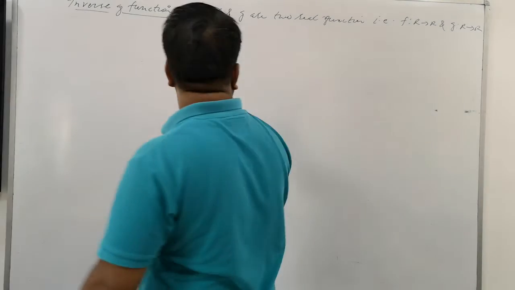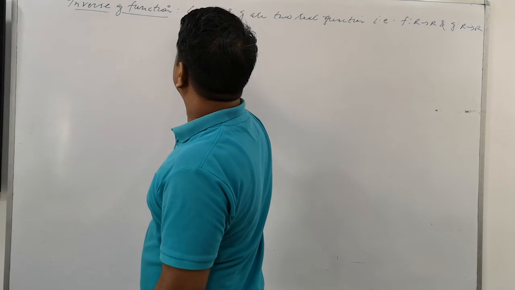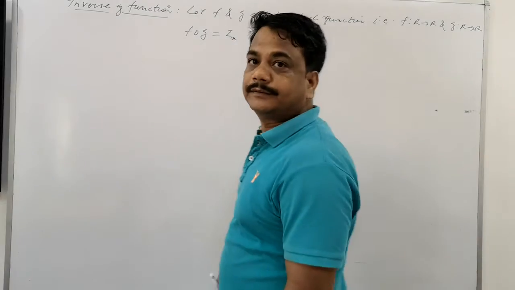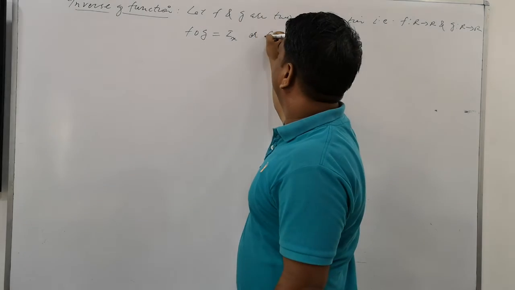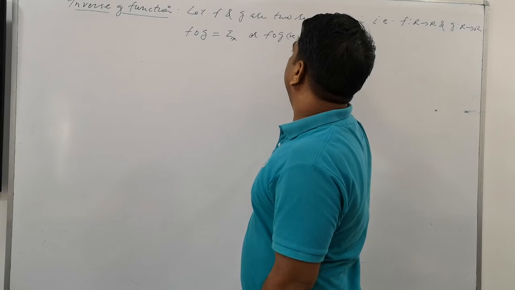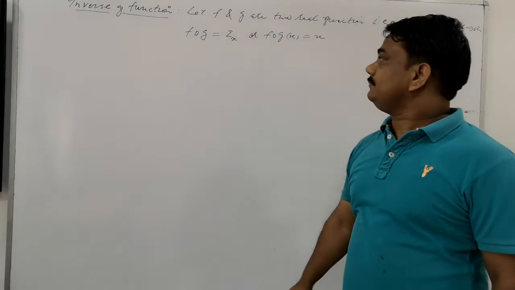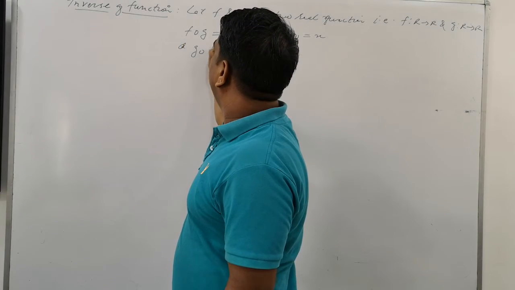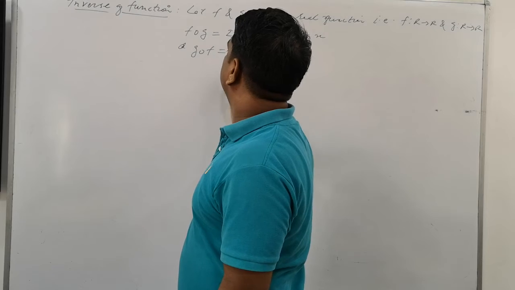Two functions such that fog is equal to Ix. This can also be written as fog of x is equal to x. Fog is equal to Ix, or gof is equal to Ix.